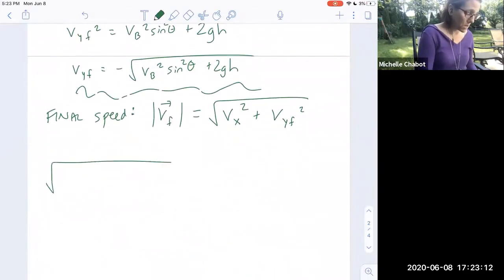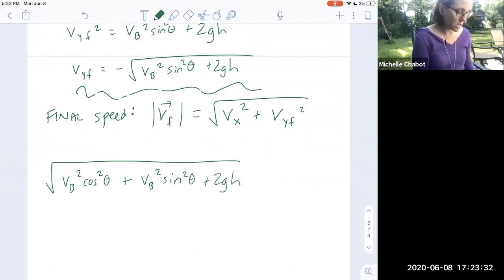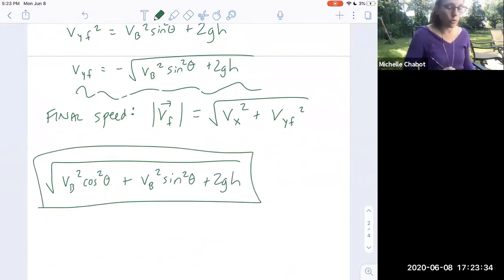So this is going to be equal to Vb squared cosine squared theta plus Vy final squared. So the negative goes away, again, because it's in this particular portion of it. Vb squared sine squared theta plus 2gh. So this is my final speed.